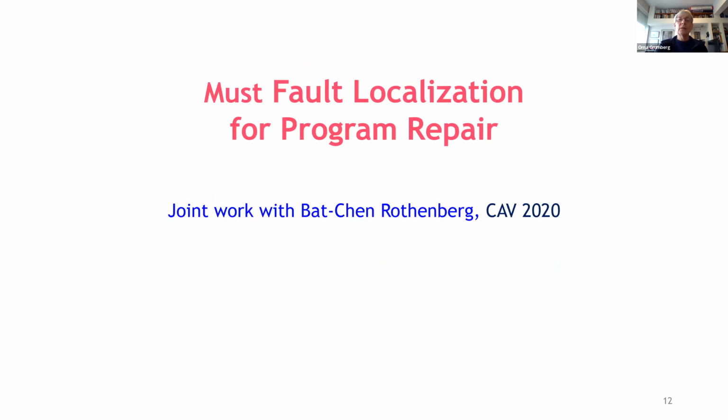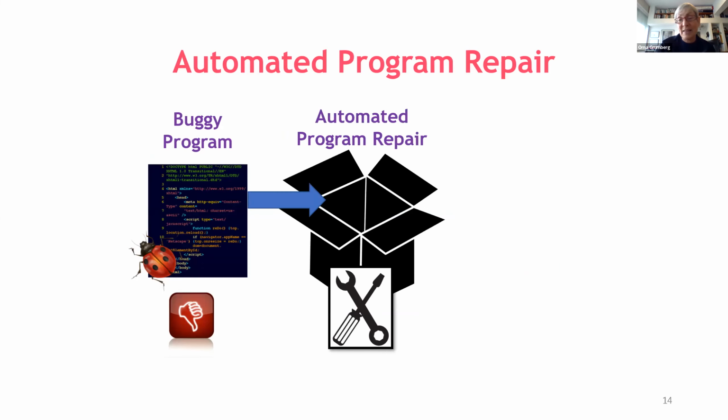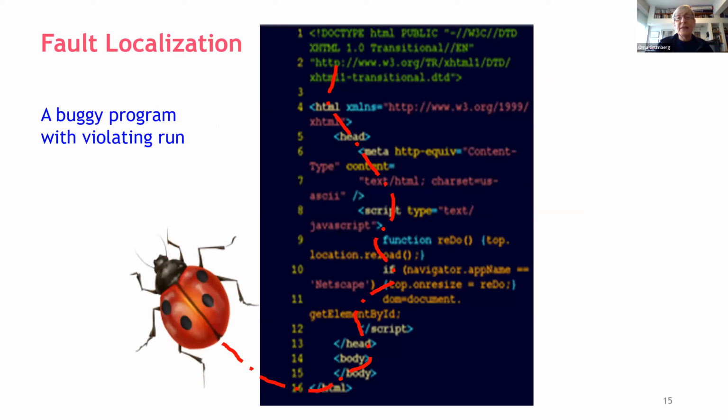The first one uses must fault localization for program repair. We are given a buggy program, and we do some miracle, let's say, to correct it, and we end up in a patched program that is correct. The patched program has some changes in the code from the original one. So a very useful notion for program repair is the notion of fault localization.